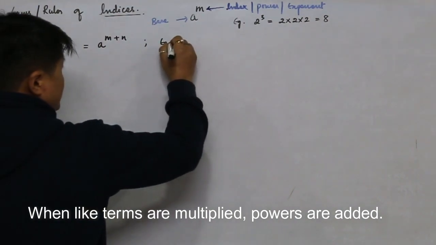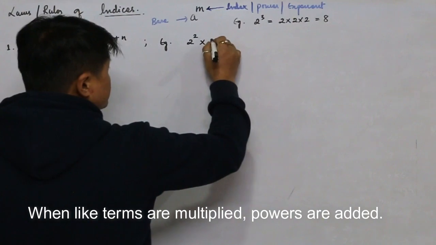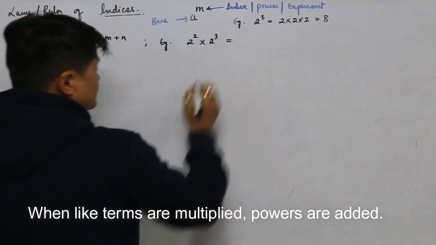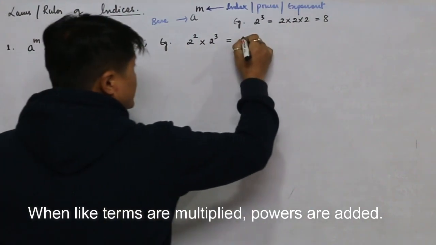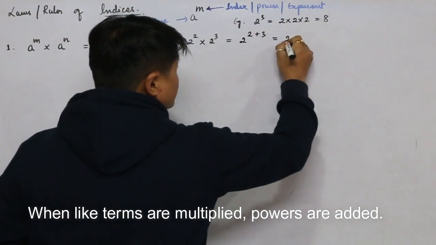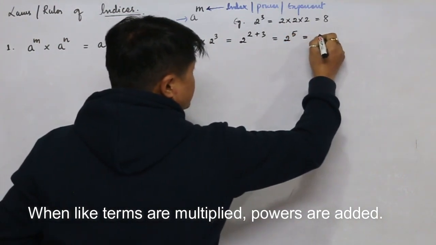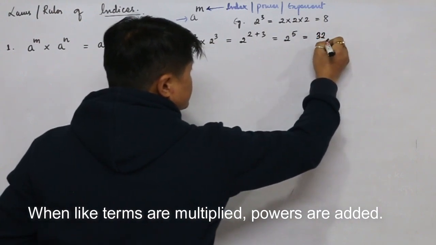Let's take one example. 2 to the power 2 into 2 to the power 3. Both bases are 2, so these are like terms. 2 to the power 2 plus 3 becomes 2 to the power 5, which equals 32.